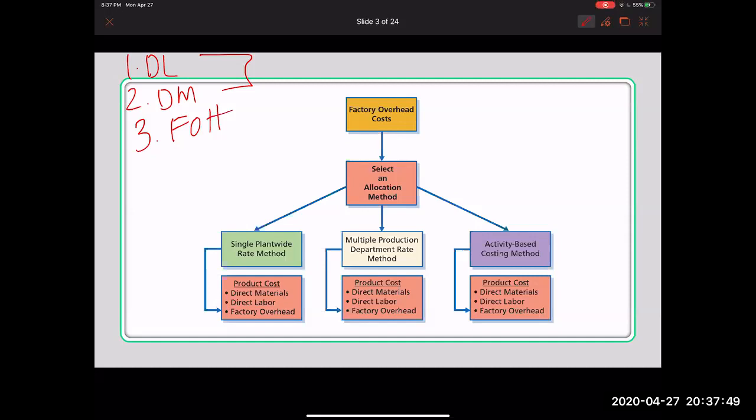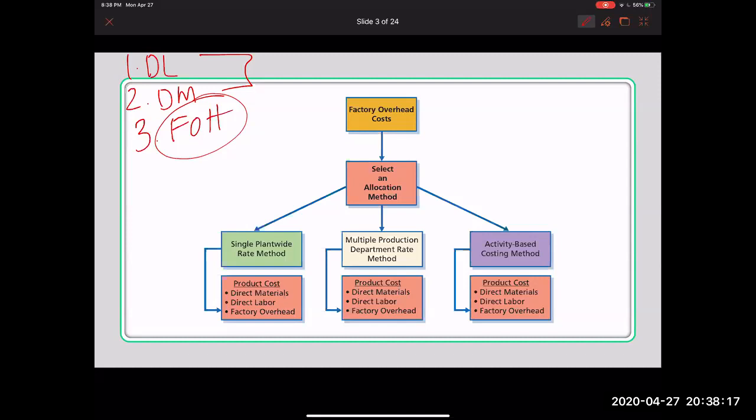With direct materials, we know exactly what's tied to that particular product, and the same for labor. They have their timesheets. But factory overhead, again, is one of those gray areas where we have to figure out how much to allocate to each of the products or each of the jobs.